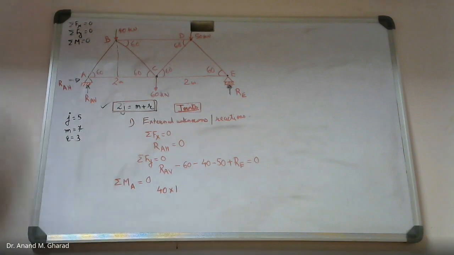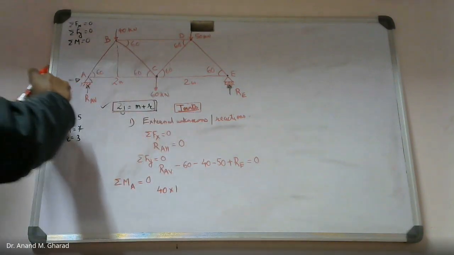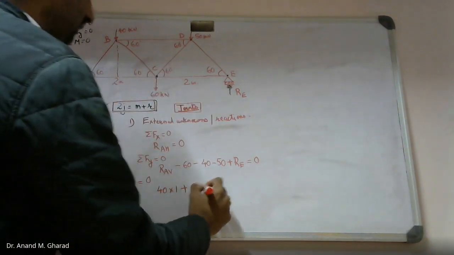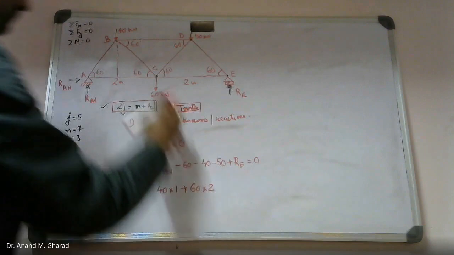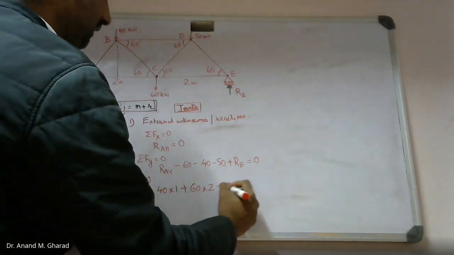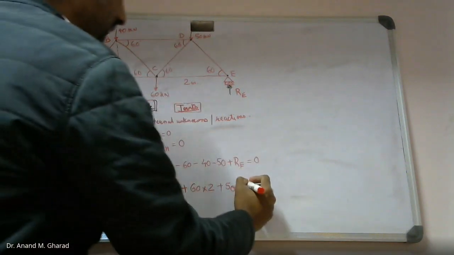It is moving in the clockwise direction. Another is 60 into 2, then 50 into 3.